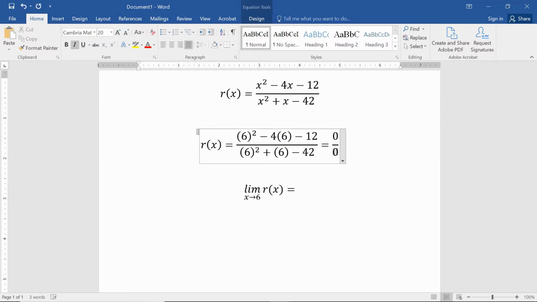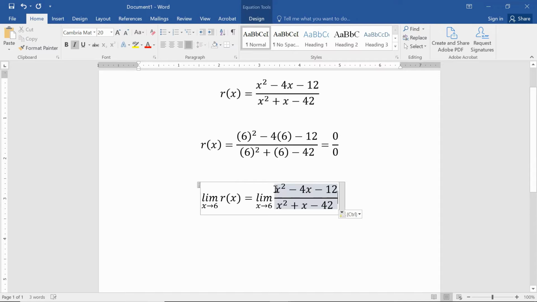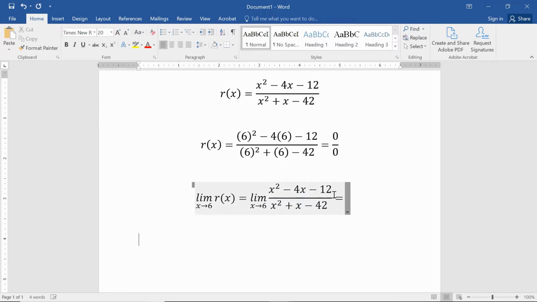The technique that we're going to utilize in order to find the limit of this r of x is to factor both the numerator and denominator.